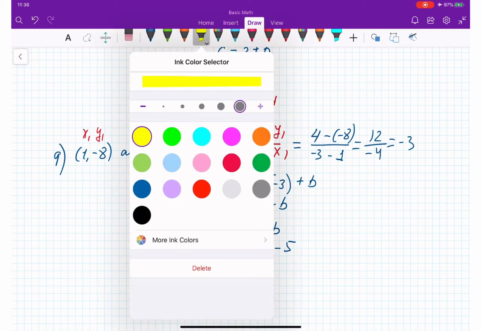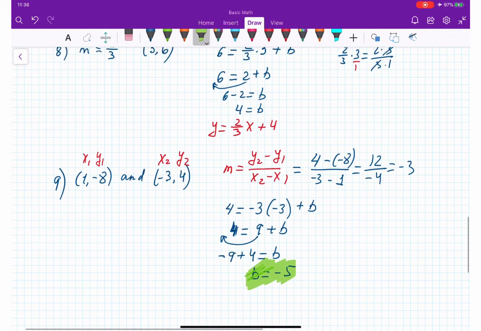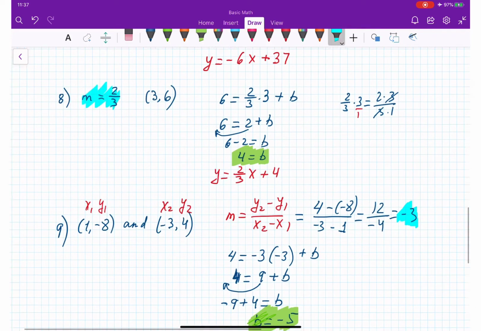We have our b, and we have our slope. Let me note here also the intercept and slope. For the previous ones, m is 2/3 and the intercept is 4.